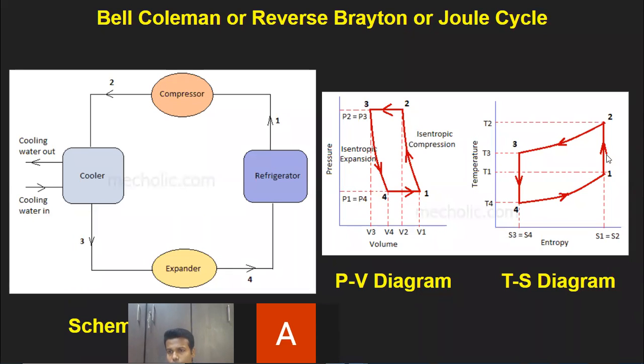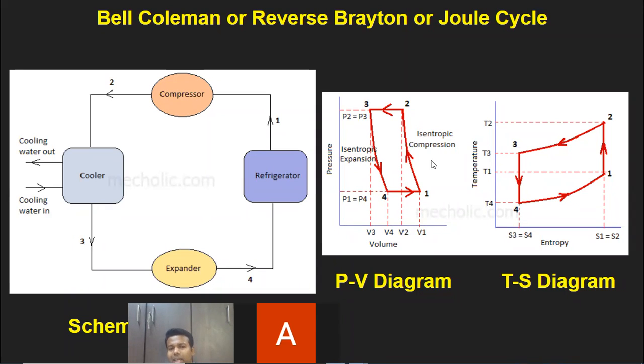During 1 to 2, you can see entropy is constant, because we are plotting it on a TS diagram. When we plot an isentropic process on a TS diagram, it should be a vertical line. Now the question will be why I am moving upward. From point number 1, I can also move downward in a vertical direction. But the process is compression.